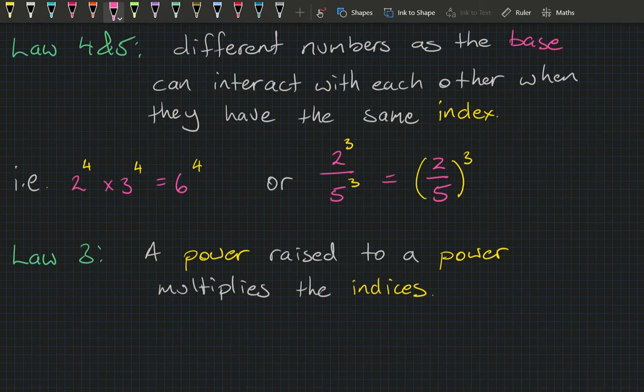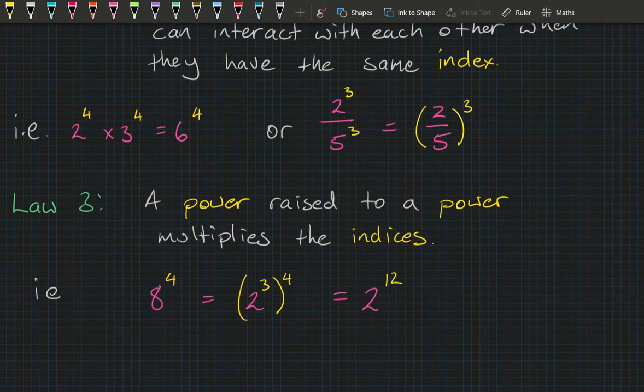So for example, if we consider 8 as 2 to the power of 3, I can rewrite 8 to the power of 4 as 2 to the power of 3 raised to the power of 4. Okay, so that's nothing more than subbing in the 2 to the 3 for the 8. But because I got 2 to the 3 raised to the power of 4, well, that ends up being 2 to the power of 12, because I've just multiplied the 3 and the 4 together.